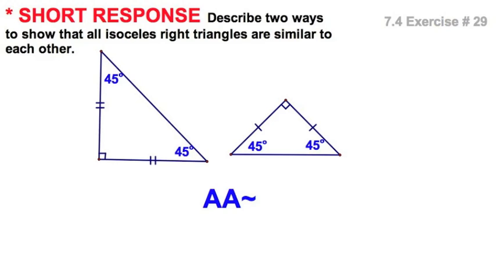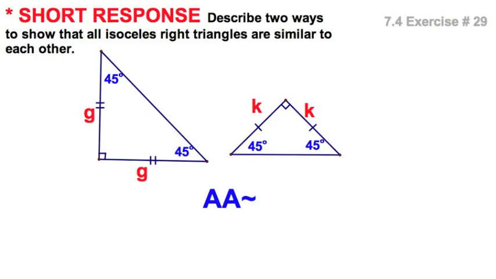Now, the other way we could do it, well, let's suppose I did this. I'm going to assign a variable here, g. This would have to have a different value, call it k. Well, that means the other ones, this would also have to be g, and this one would have to be k as well.